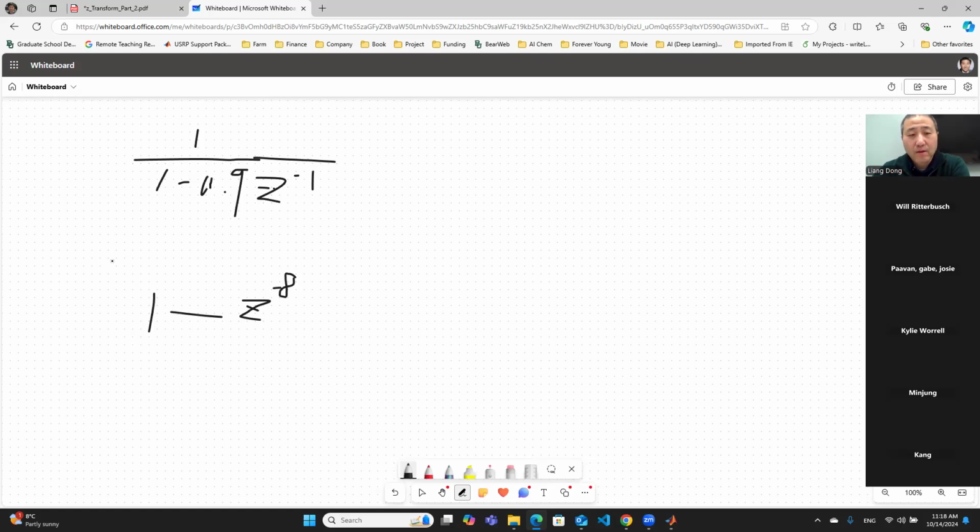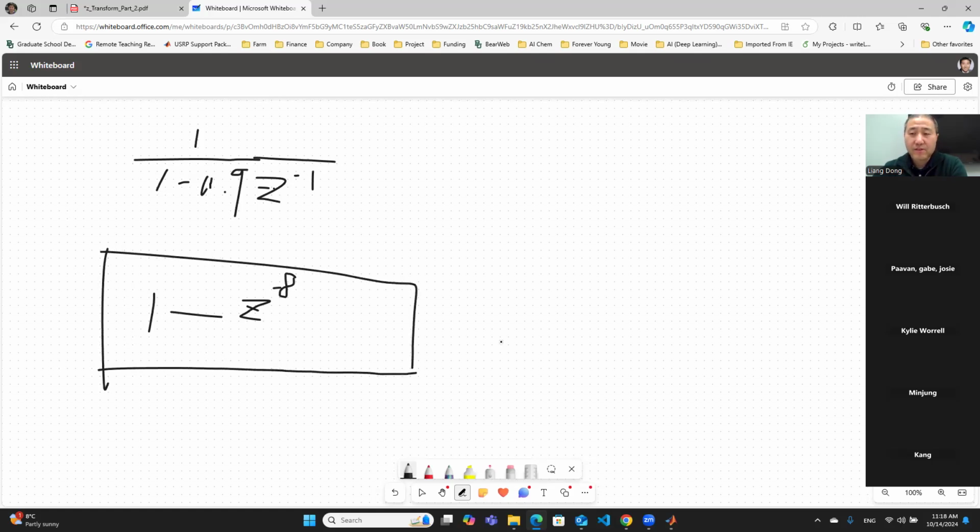Now, for this guy, what are the zeros of this function? Which is, what are the roots? This is equal to 0. How many zeros, how many roots do I have? Well, we know 1 subtract z to the power minus 8 should be equal to 0.